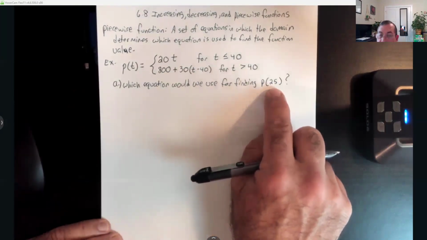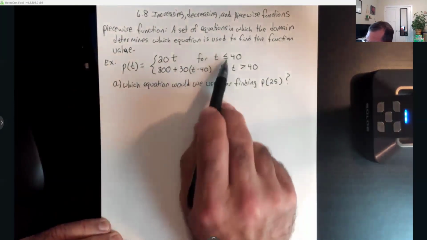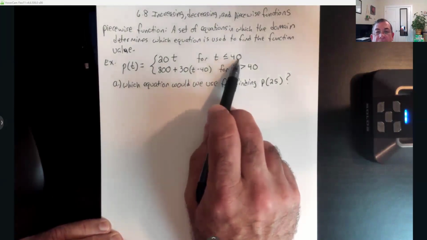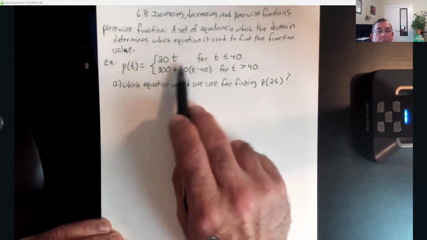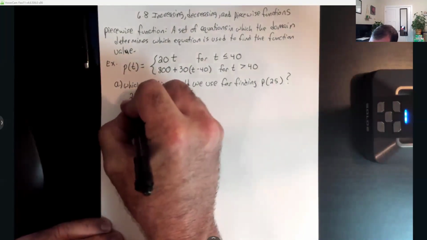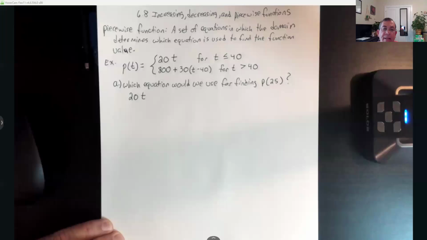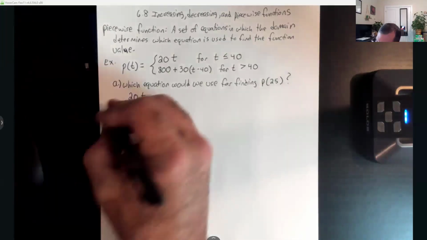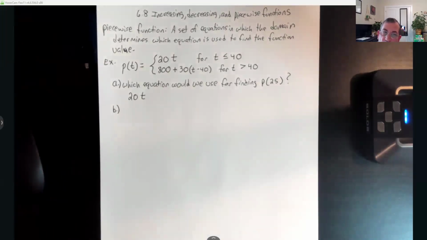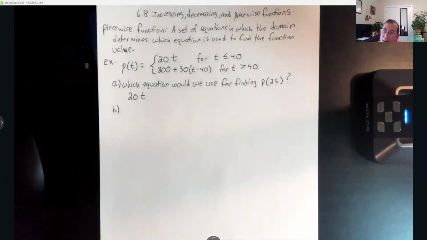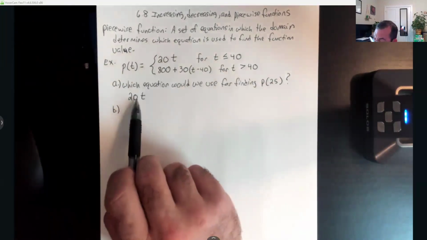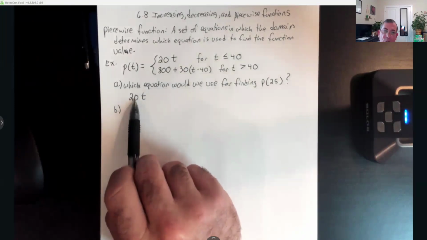So I've worked 25 hours. So I would look at these domains. 25 is less than or equal to 40. So since that's true, I would use the first equation, which is 20 times T. Okay, so they just want to know which equation. They don't want me to figure out how much. But if I wanted to figure out how much, I'd put 25 in for T, multiply that and see what I get, okay?